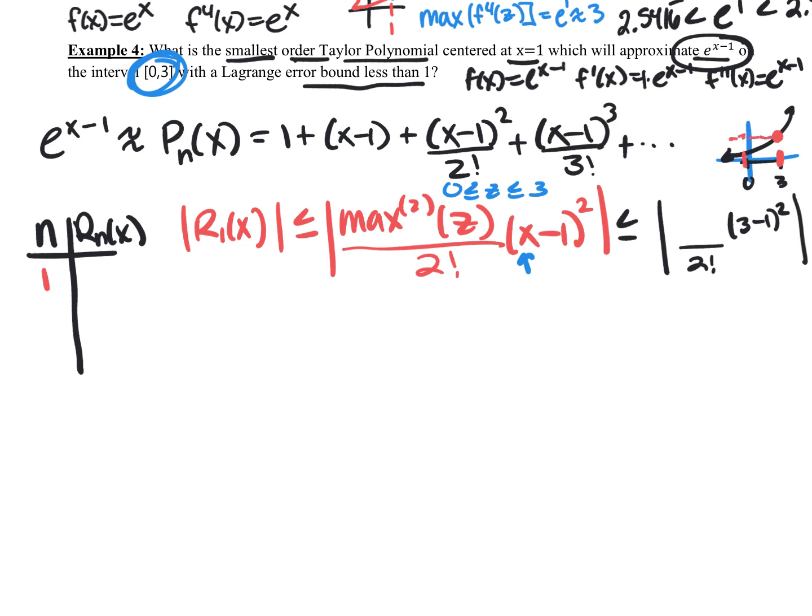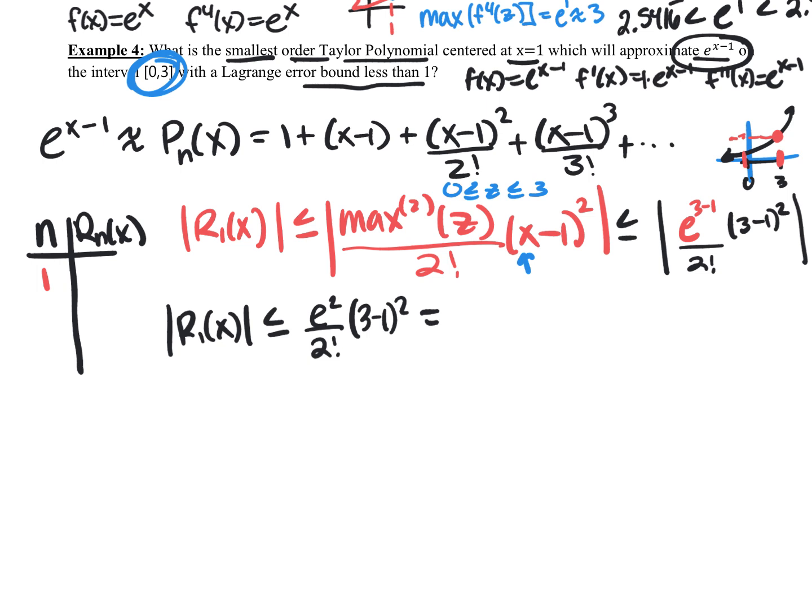So that will be at e if we plug 3 in. So plug 3 into e to the x minus 1, and we get e to the 3 minus 1. So this remainder is guaranteed to be less than or equal to e squared over 2 factorial times 3 minus 1 squared, absolute value. But that's going to be all positive.